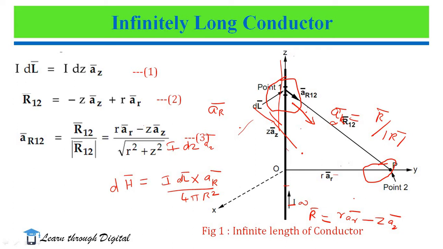So we find the magnitude of r vector is root of r square plus z square. So therefore unit vector ar vector is r ar vector minus z az vector by root of r square plus z square. It is equation 3.